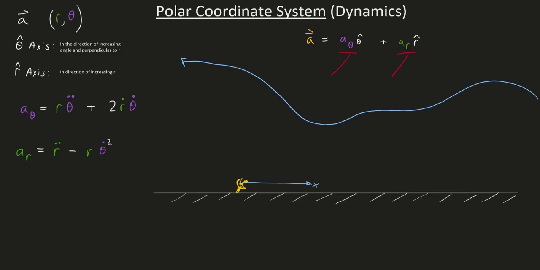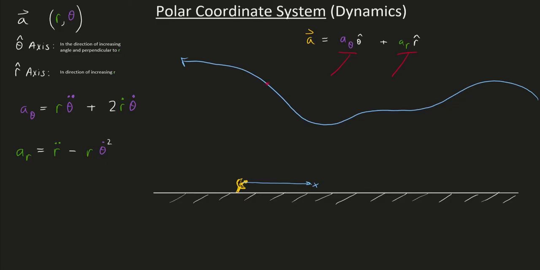So yeah, here are the equations we use to calculate our transverse and radial components of acceleration. Definitely not as easy as r theta dot and r dot. But the logic is the same.